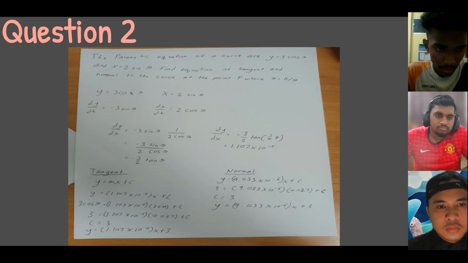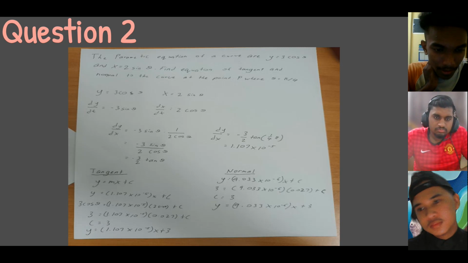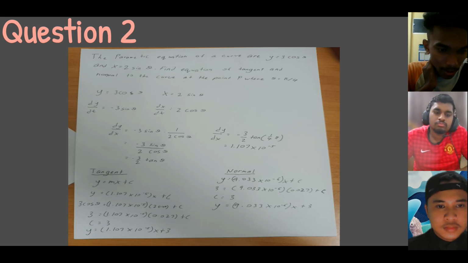Under the solution, dy/dθ equals -3 sin theta and dx/dθ equals 2 cos theta. Next step is dy/dx equals -3 sin theta multiplied by 1 over 2 cos theta.